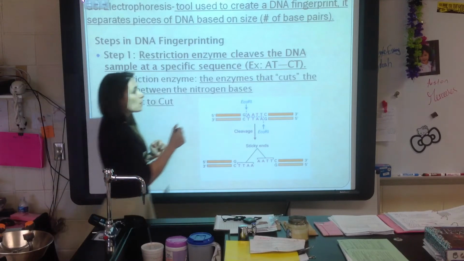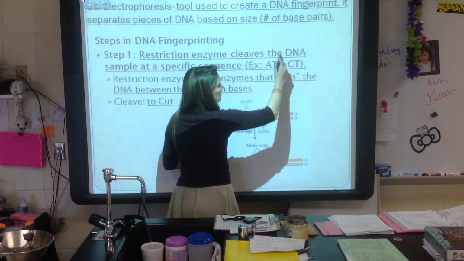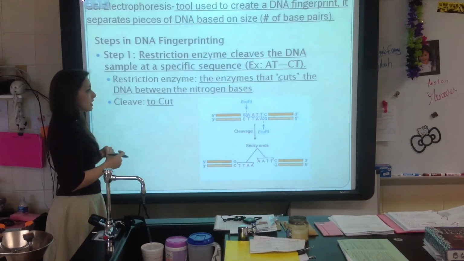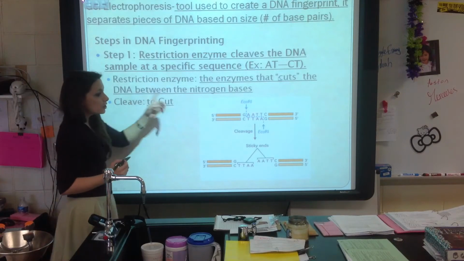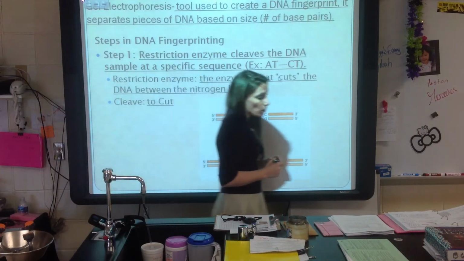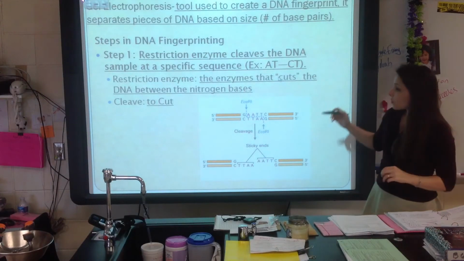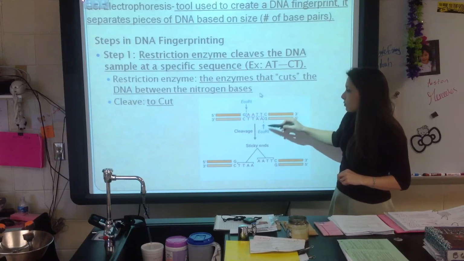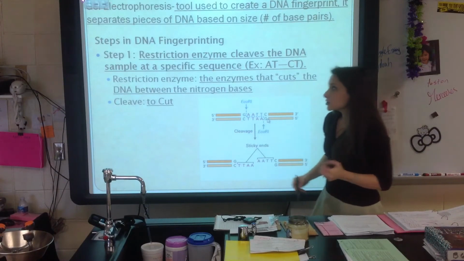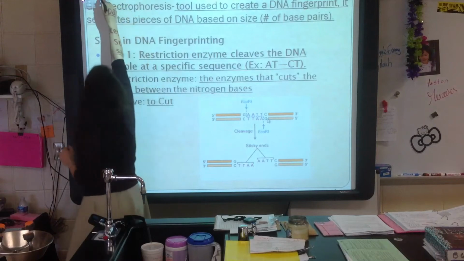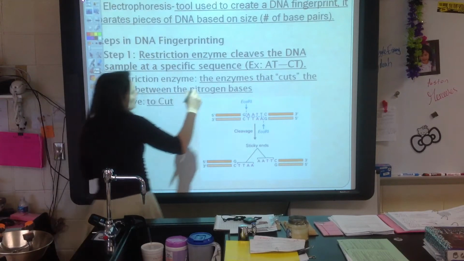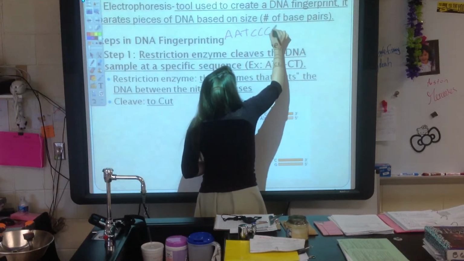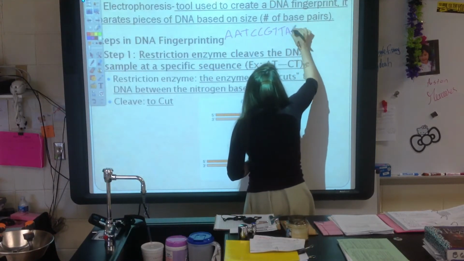For example, maybe between a T and a C. And so restriction enzymes cut the DNA between the nitrogen bases. You can see here in this picture that we have on the board here that this enzyme, EcoR1, cuts here between the two Gs. So let's write out an example. Let's say that we have someone whose DNA is AAT, CCG, TTA.